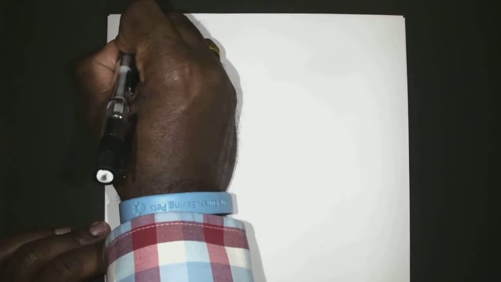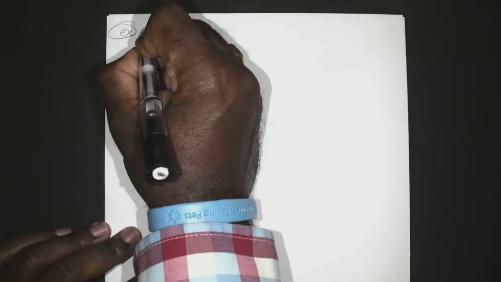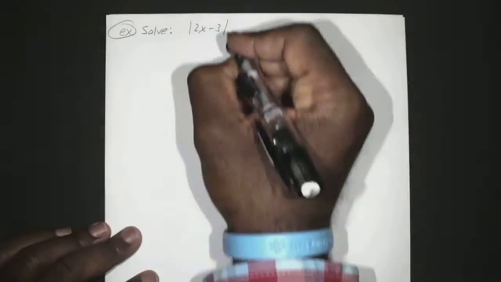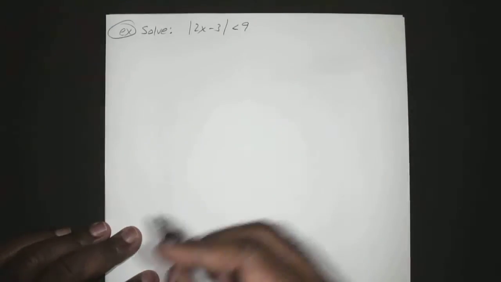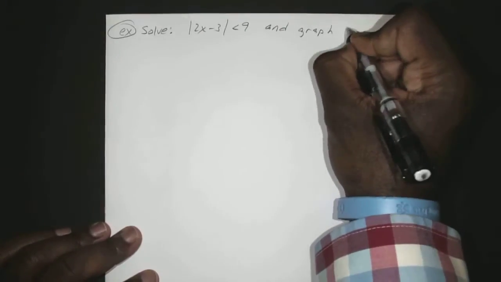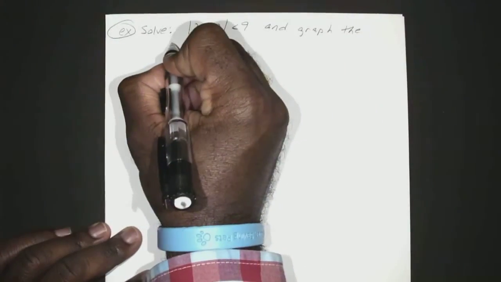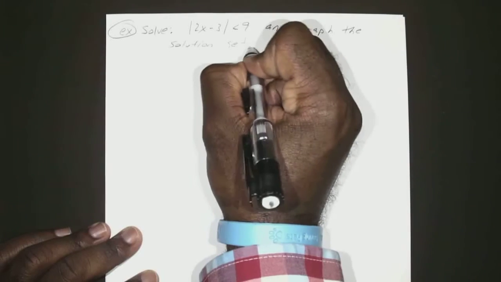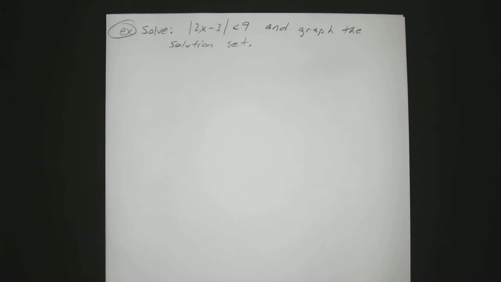All right, so let's say for our first example, we wanted to solve the absolute value of 2x minus 3 is less than 9, and we wanted to graph the solution set.